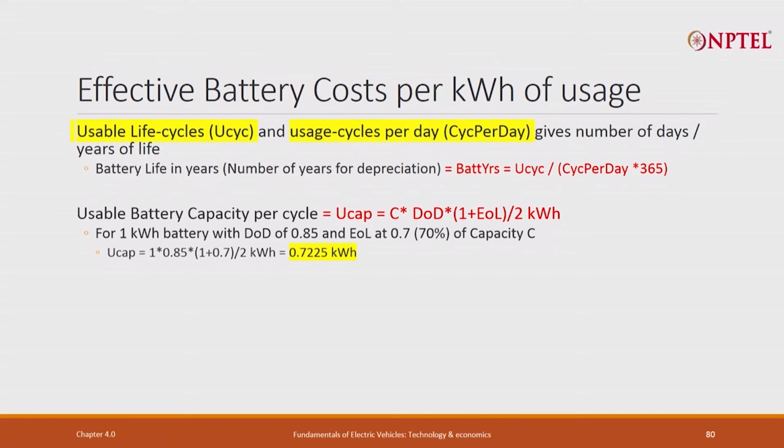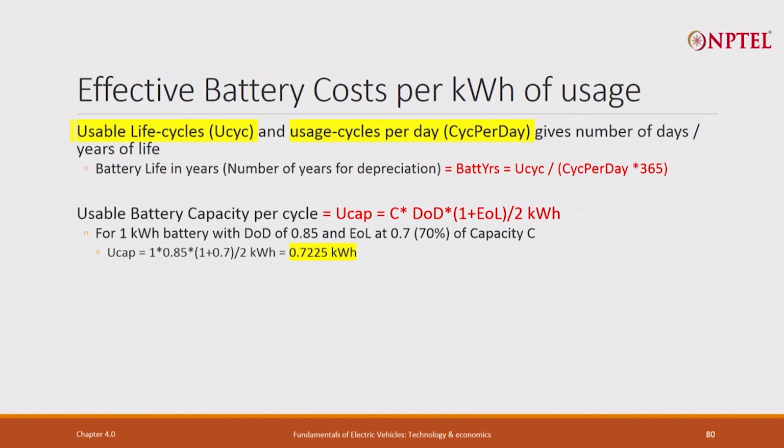In the beginning you would have got 1, and then you are using only 85%. The average is 0.7225, quite close to the lowest that you will use. That is the effective use. Of course, I have taken 85% depth of discharge here. You may do 90% depth of discharge, in which case you will get it slightly higher. Okay, that is the average. You think that you have 1 kilowatt hour, but effectively you have only 0.7225 on the average. In the beginning you will have slightly higher, towards the end slightly lower.